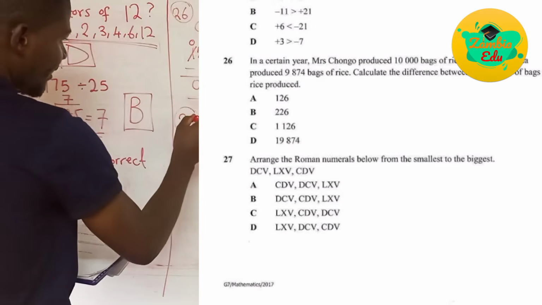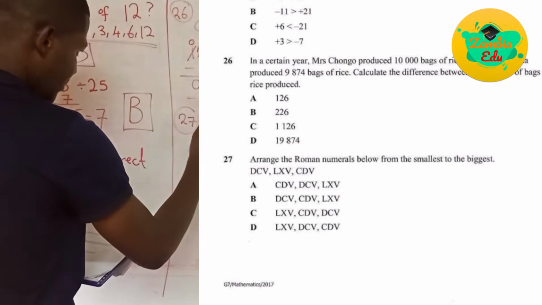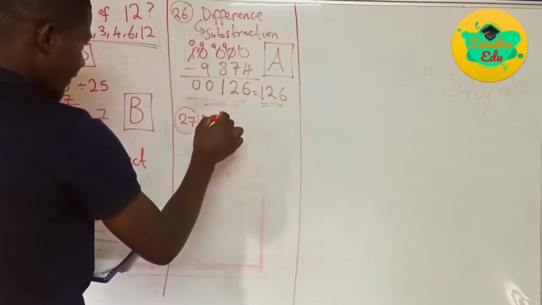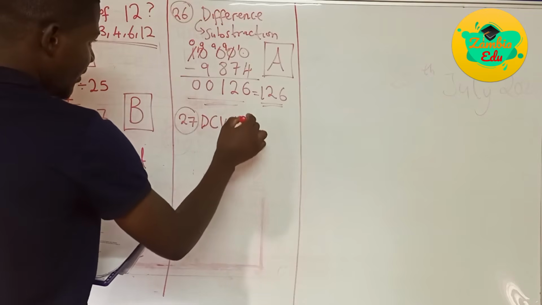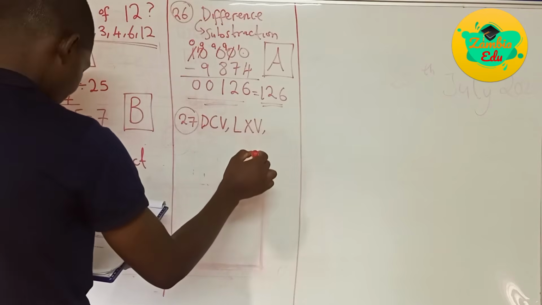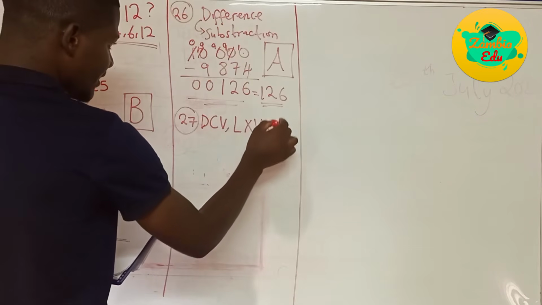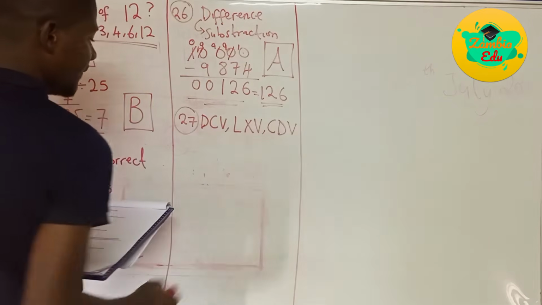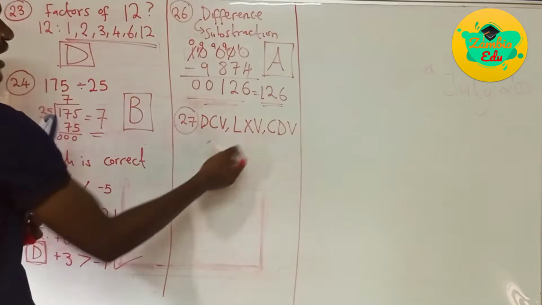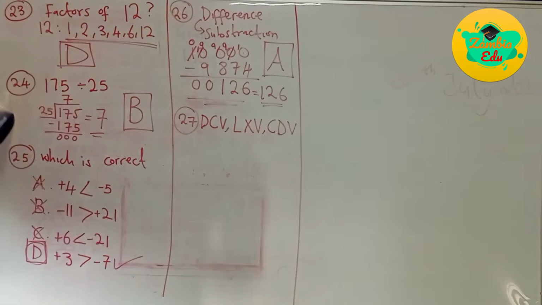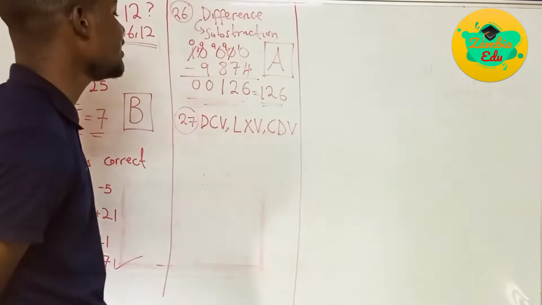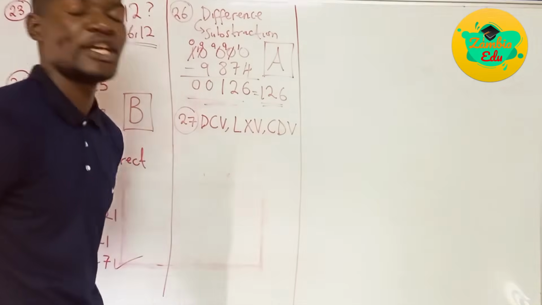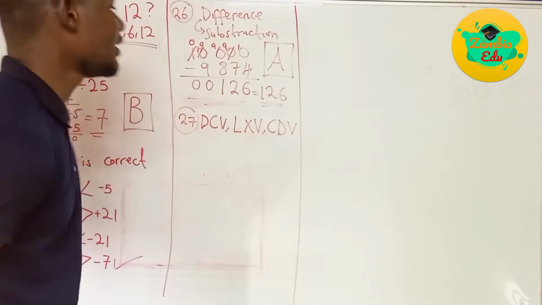So we have the first one being DCV, then we have LXV, and then we have CDV. Alright, so these are the Roman numerals which we have, and the question requires us to arrange them in an order from smallest to the largest.